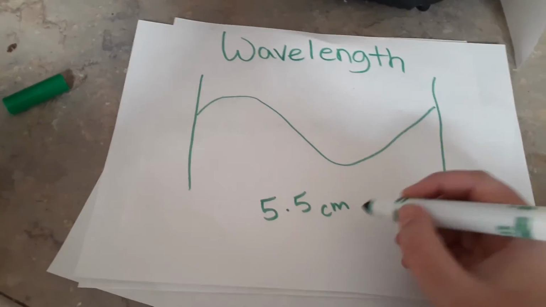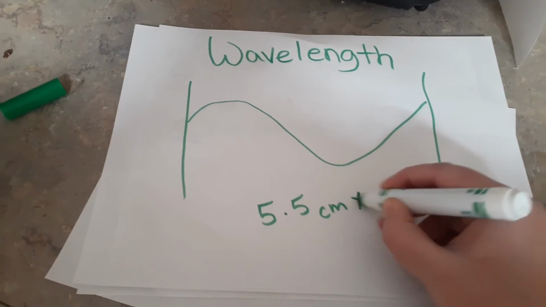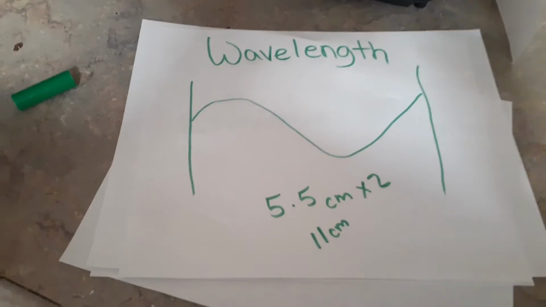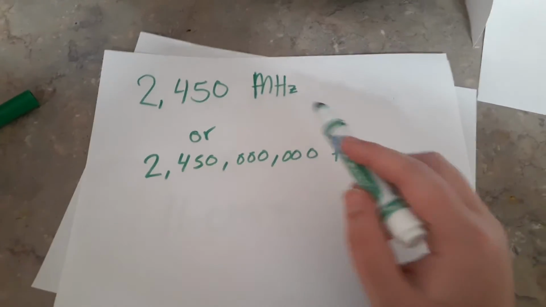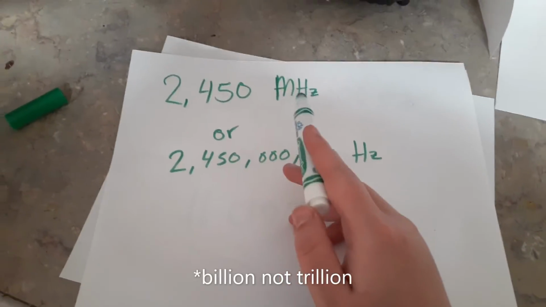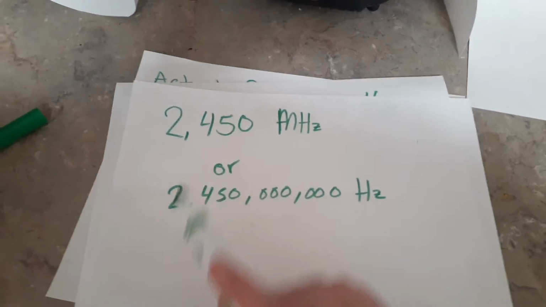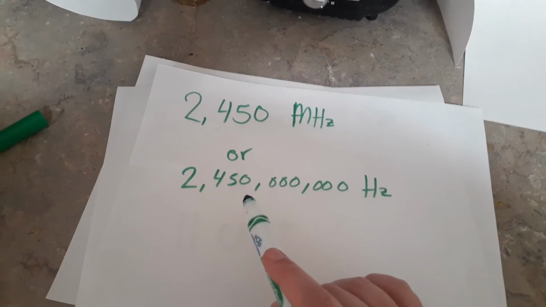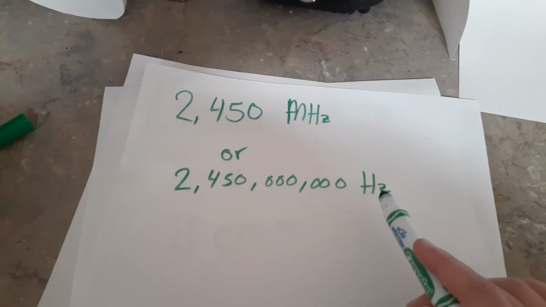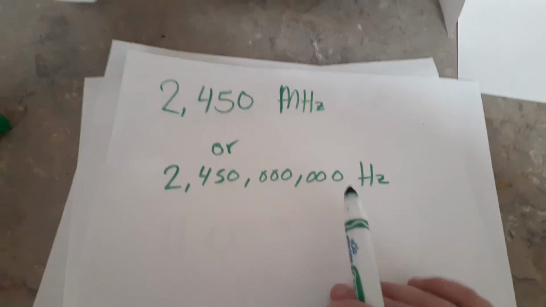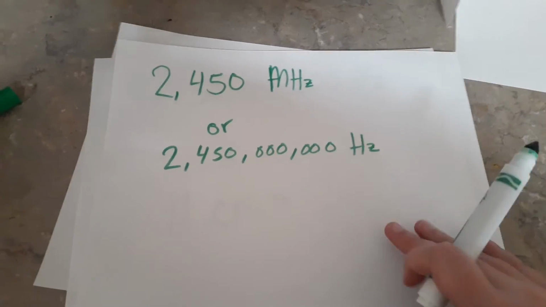So what we have to do is times this by 2 in order to get 11 centimeters. And then, as a reminder, our microwave is 2,450 megahertz, or 2,450,000,000 hertz. That is roughly the frequency of our microwave.